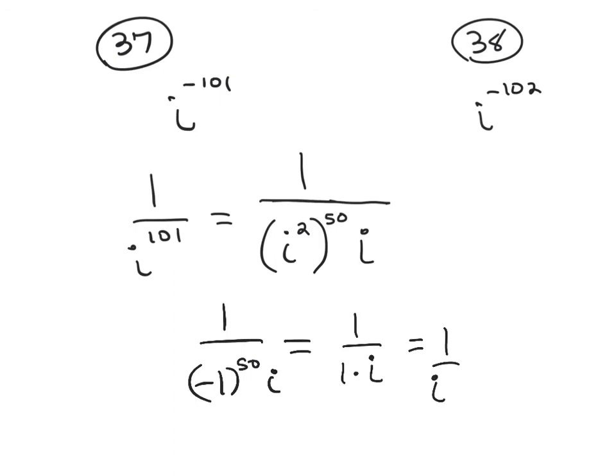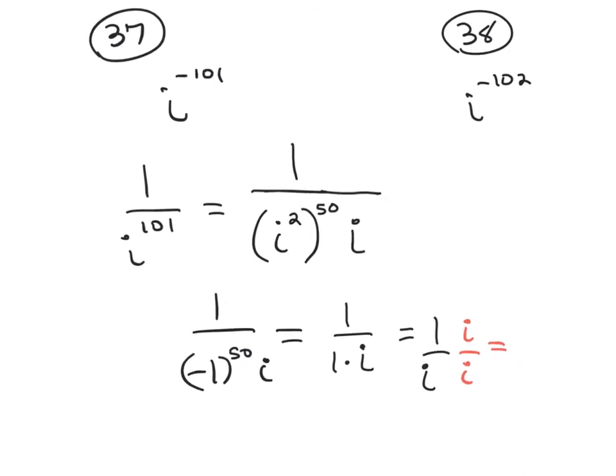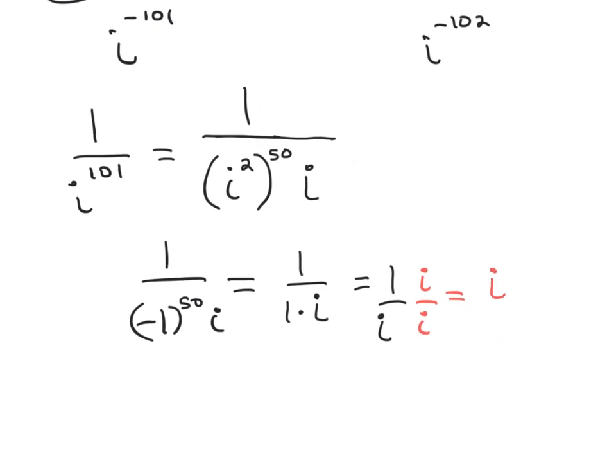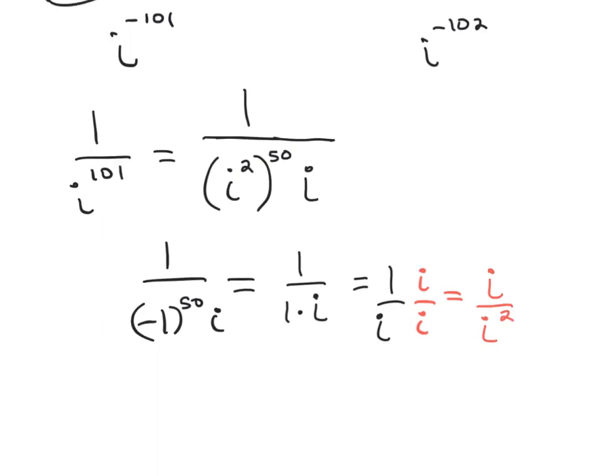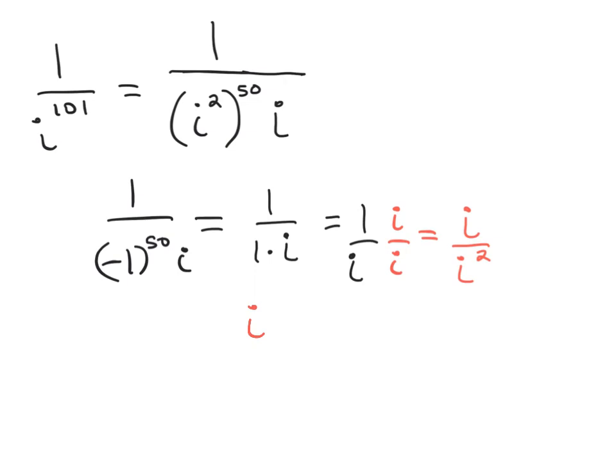Remember the rule, we can never leave an i in the bottom of a fraction, so I need to rationalize. I'm going to multiply top and bottom by i. And this gives me i over i squared. Remember that i squared is -1. And i divided by -1 is -i. And you're done. Now I got one more example.